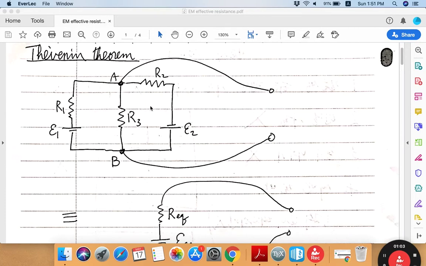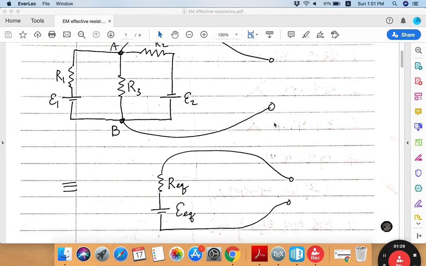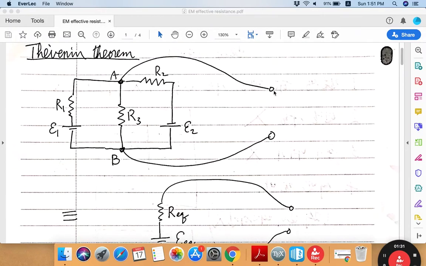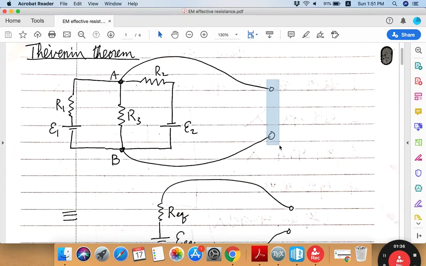On top of this resistance network, you connect some external leads at the two points, indicated in this case by A and B. Suppose you were trying to measure the resistance and the voltage that would be picked up by the measuring devices at the two ends here.